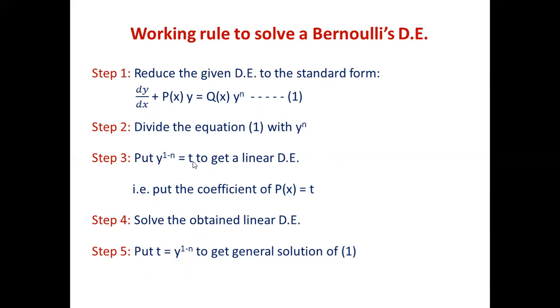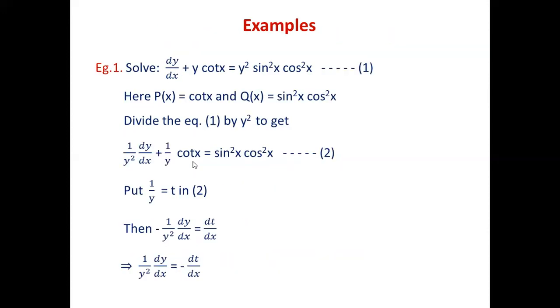That is step 3. So coefficient of p of x here is 1 by y. So put 1 by y as t in the equation 2. And on differentiating both sides with respect to x, we get 1 by y square dy by dx as minus dt by dx.